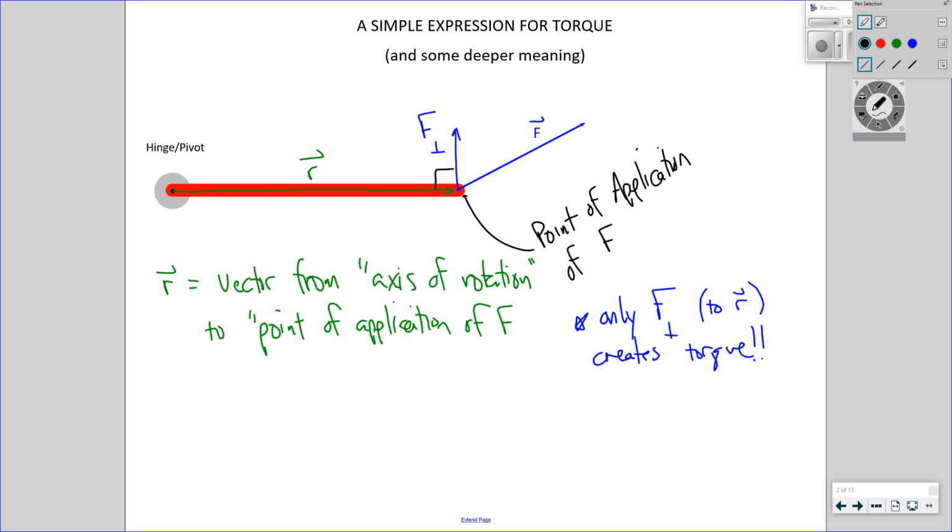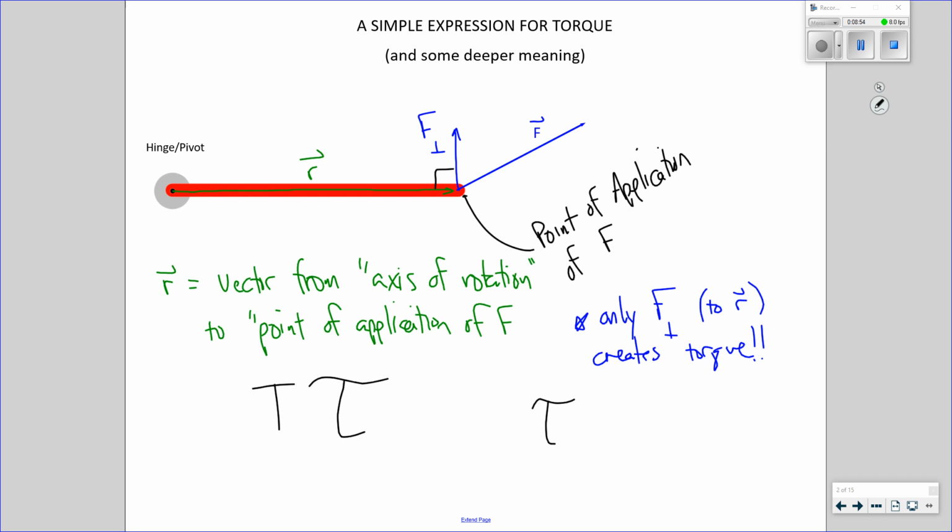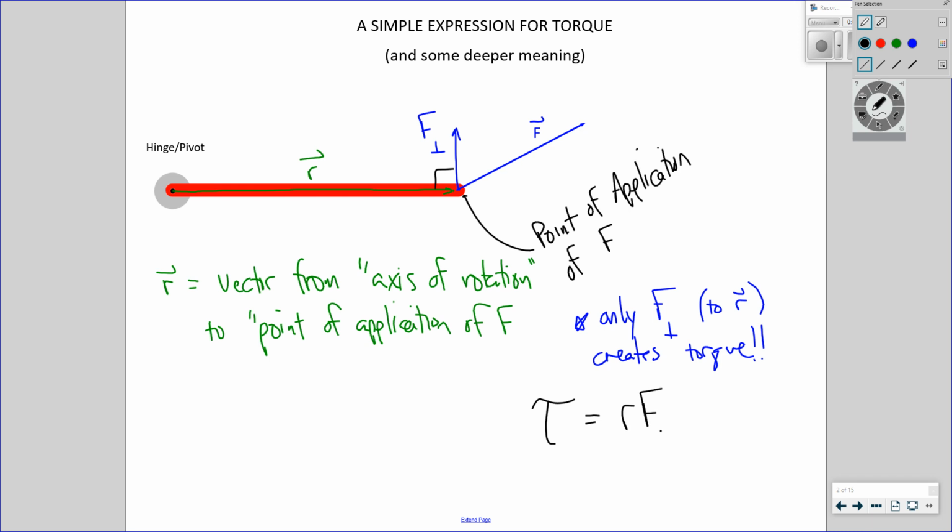Here's perpendicular. And by definition, the amount of torque, that's a fancy Greek tau. It's like a capital T, except it's curved at the bottom and curved at the top. That's a tau for torque. That torque is r F perp, the product of those two magnitudes.